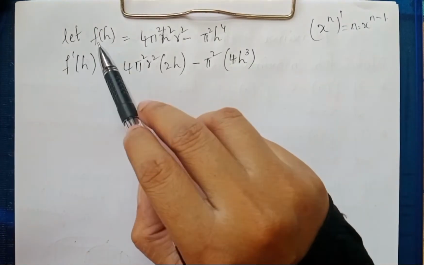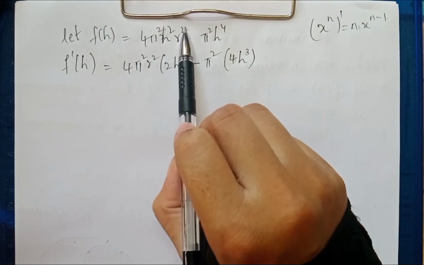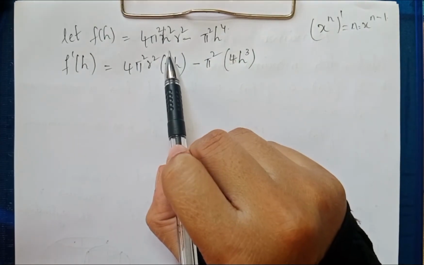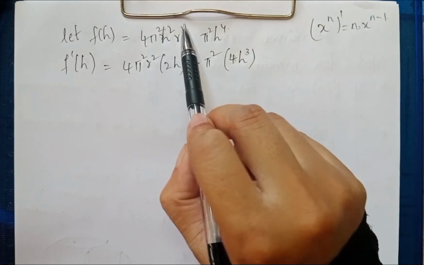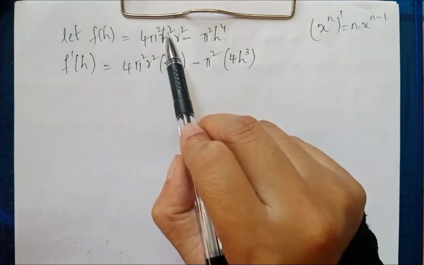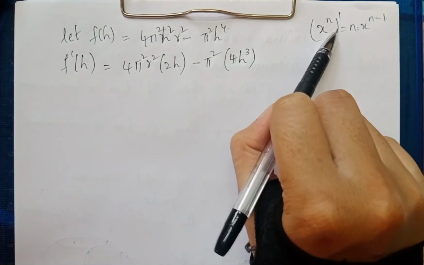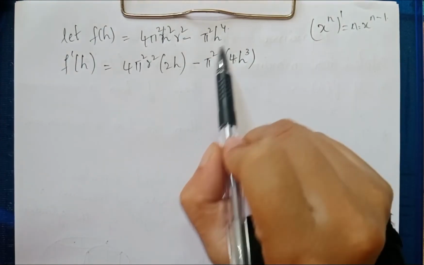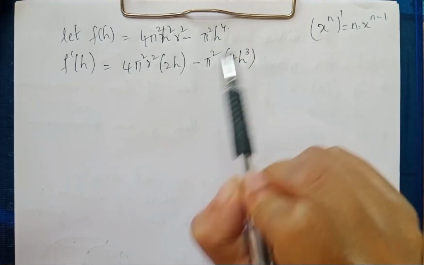We have to find the height, so we differentiate with respect to h. Let f of h be our function 4 pi square h square r square minus pi square h power 4. Differentiating with respect to h, 4 pi square r square is considered as constant, and the derivative of h square is 2h by the formula for the derivative of x power n. Here also pi square is constant, and the derivative of h power 4 is 4h cube.